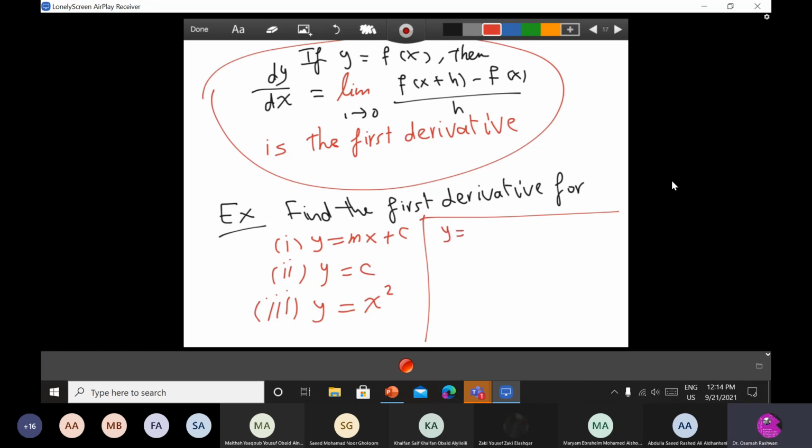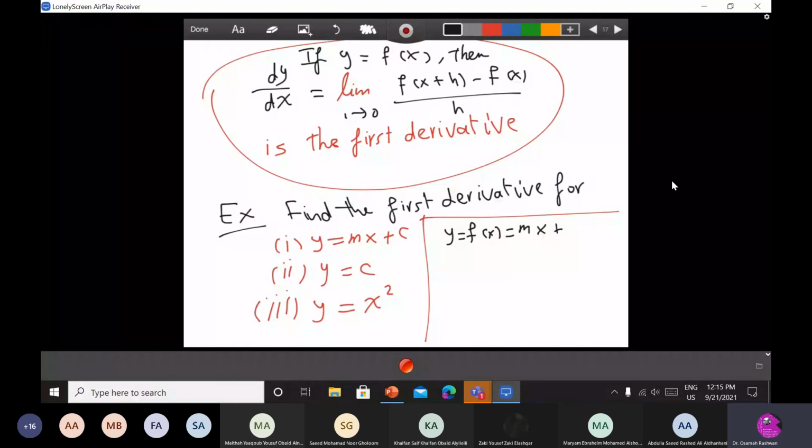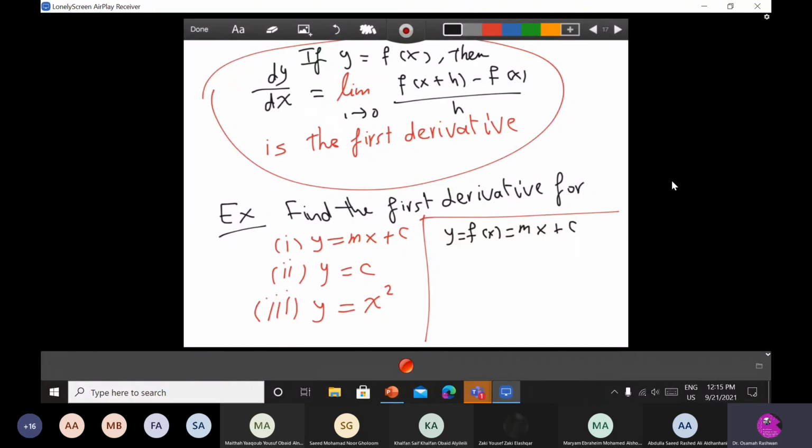y equal to f of x equal to mx plus c. Now I need f of x plus h, so you replace x by x plus h. Now this is m times x plus h, plus c.